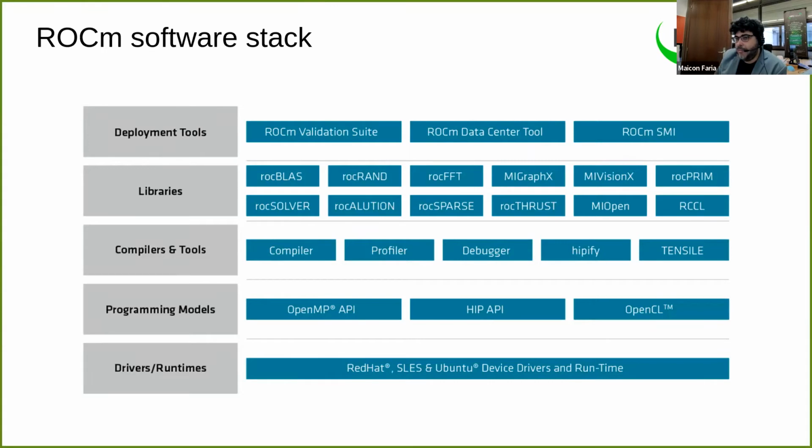So if your software can rely on this kind of libraries, not rocBLAS itself, for instance, but BLAS, and you can replace that directly, you can take advantage of the GPU with a very low effort.